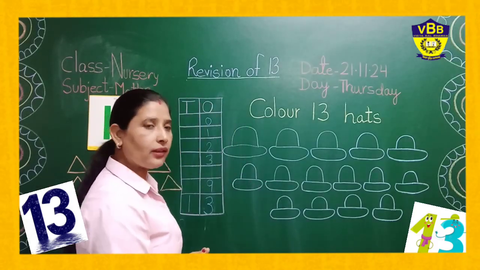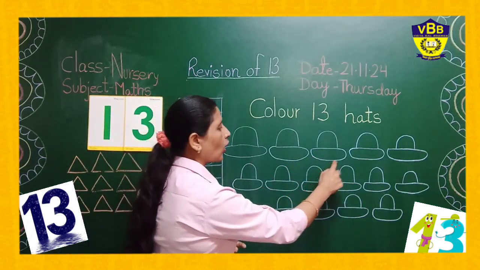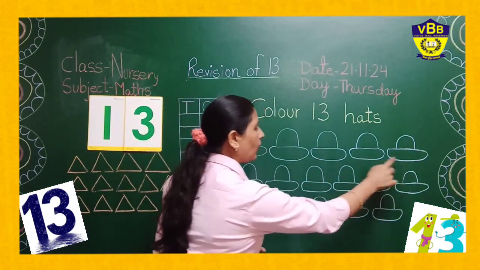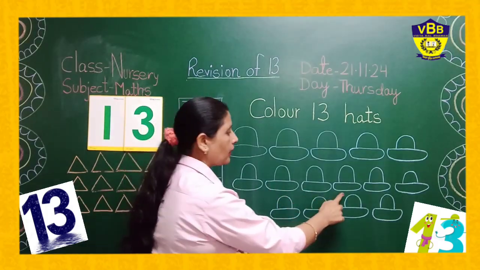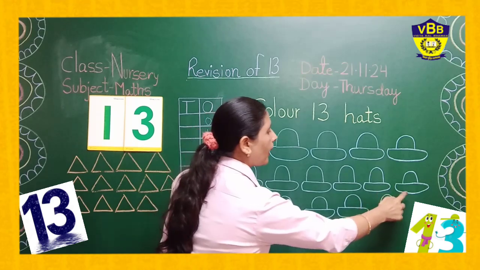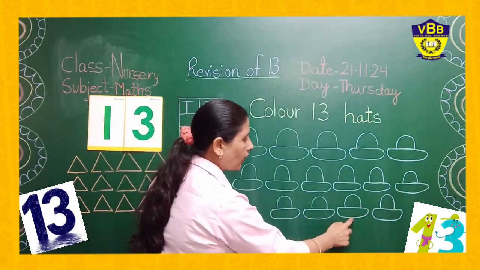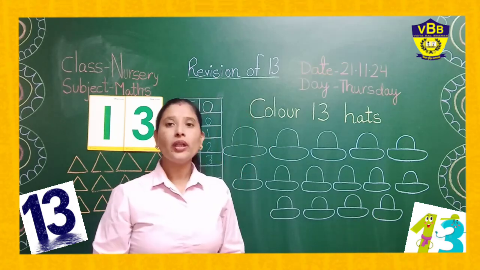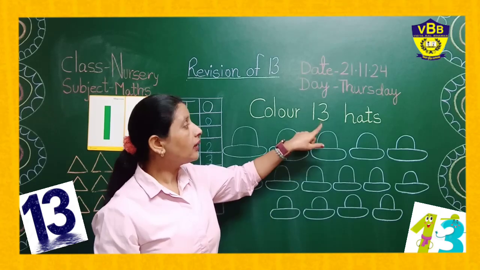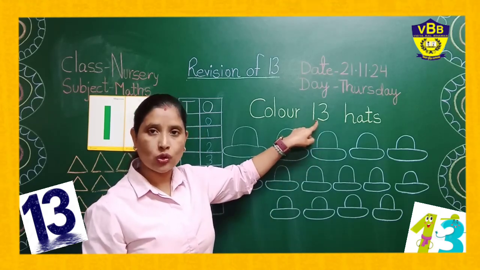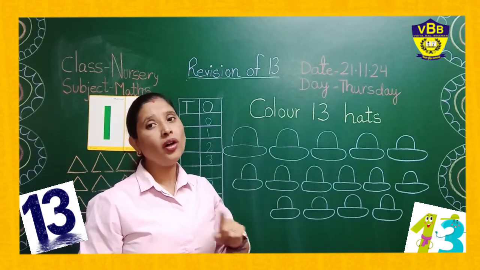See how many hats are there. 1, 2, 3, 4, 5, 6, 7, 8, 9, 10, 11, 12, 13, 14, 15. There are 15 hats, but we are going to color only 13 hats.